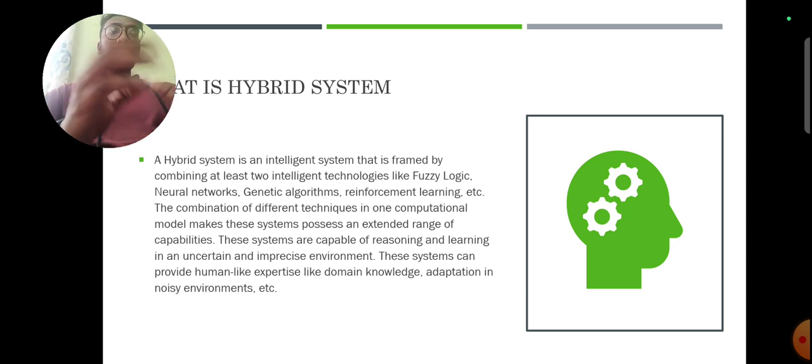If one or more systems get combined, then it is generally called a hybrid system. So the systems that could be combined are reinforcement learning models, genetic algorithms, neural networks, and fuzzy logic. If these intelligent technologies like fuzzy logic and other technologies are combined, that system is known as a hybrid system.